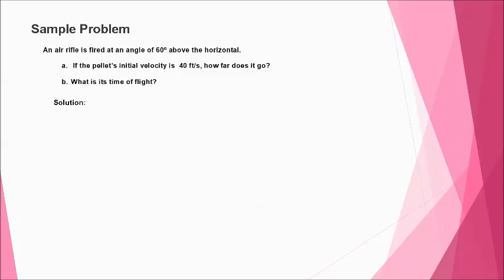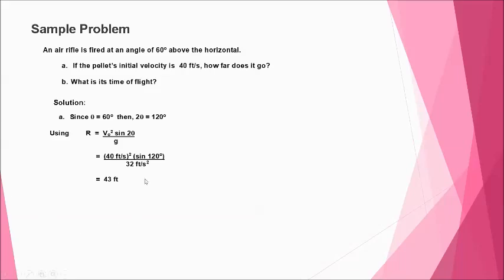For our solution, letter A is actually asking for the range of the projectile. Since theta is 60 degrees, then 2 theta is 120 degrees. So we substitute sine 120 degrees. Then we substitute the initial velocity, which is 40 feet per second, and we square that.